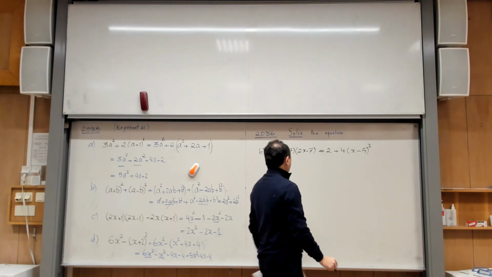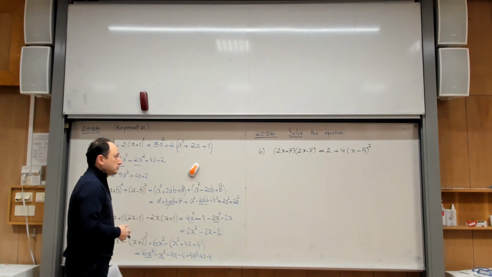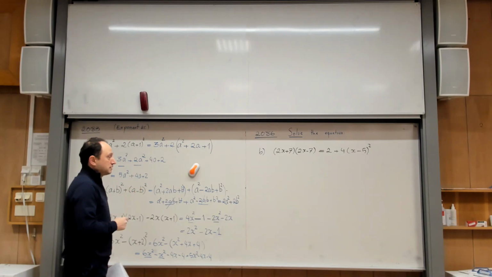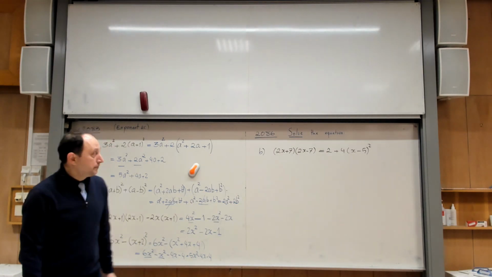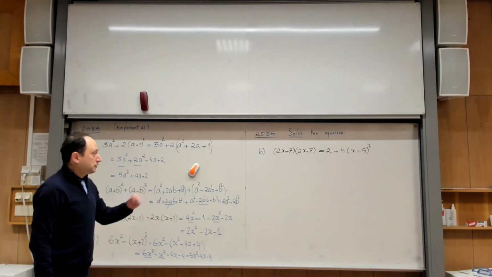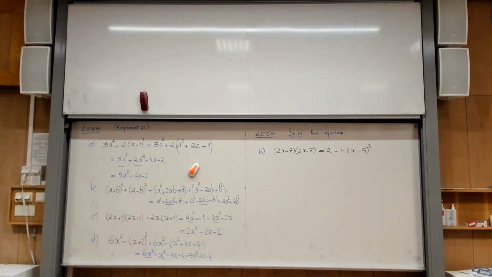So by the way, solve the equation. It's not an identity. You are supposed to find the appropriate value for x so that the left hand side for that value of x becomes equal to the right hand side for the same value of x. Okay, I will pause recording. I don't know if there is anyone on the Zoom.